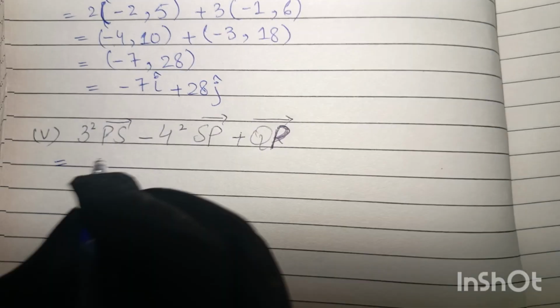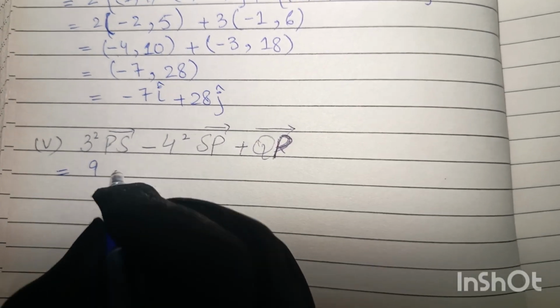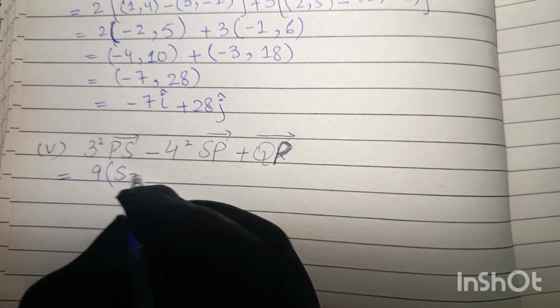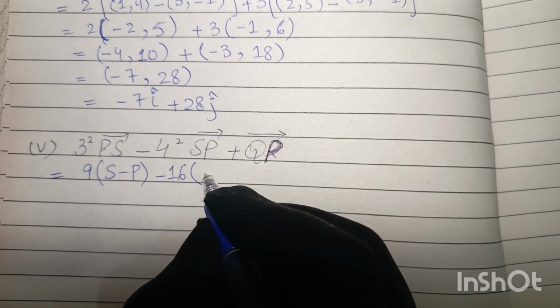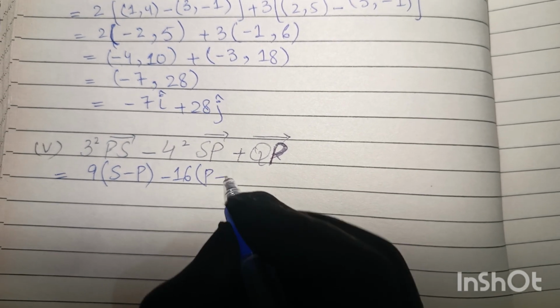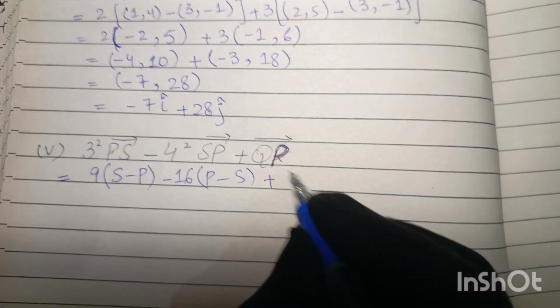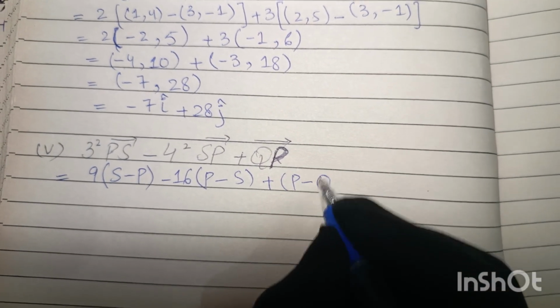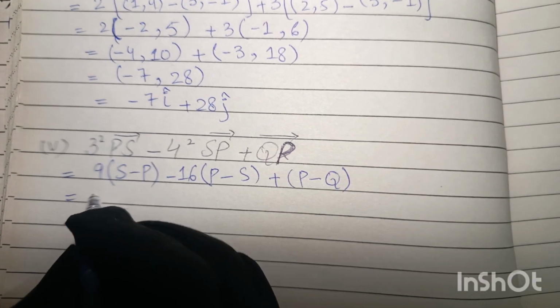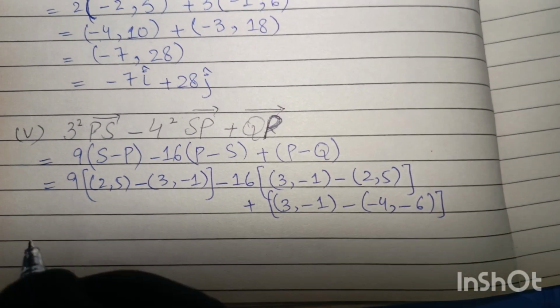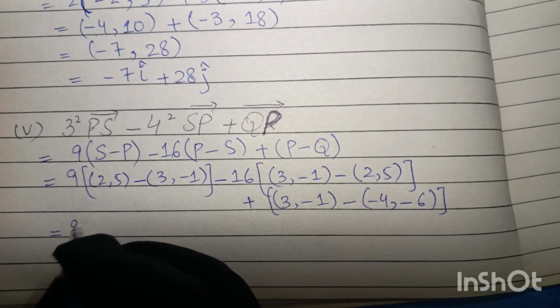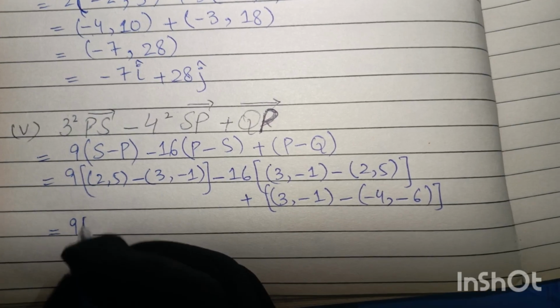In the next part, 3 squared is equal to 9. PS means S minus P. 4 squared is equal to 16, and SP means P minus S, and QP means P minus Q. Then we will put the values. After that we will simplify each bracket.